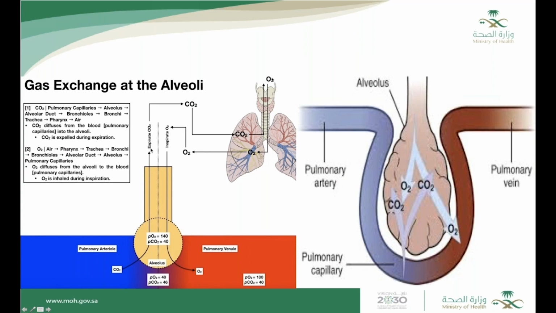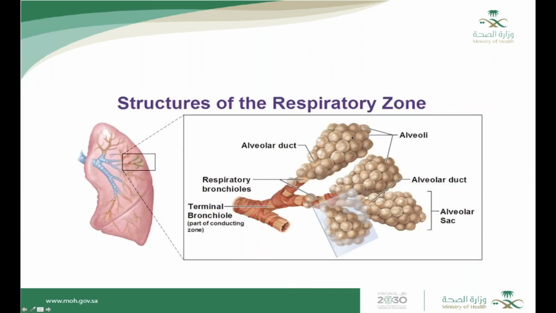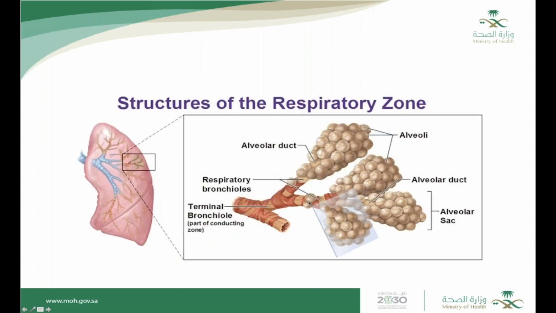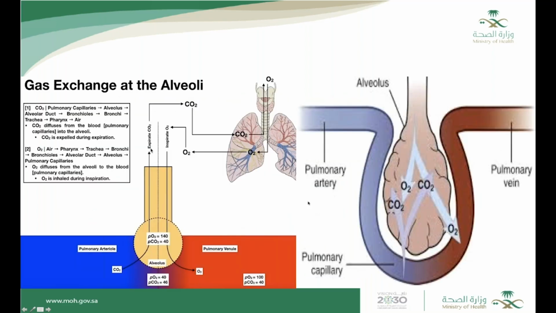So if an individual takes a breath in, the air will travel all the way down. It passes the trachea, the bronchi, the bronchioles, until it reaches the alveoli. Those are our alveoli, and this is where the gas exchange happens. Here you can see the pulmonary capillaries surrounding the alveoli.